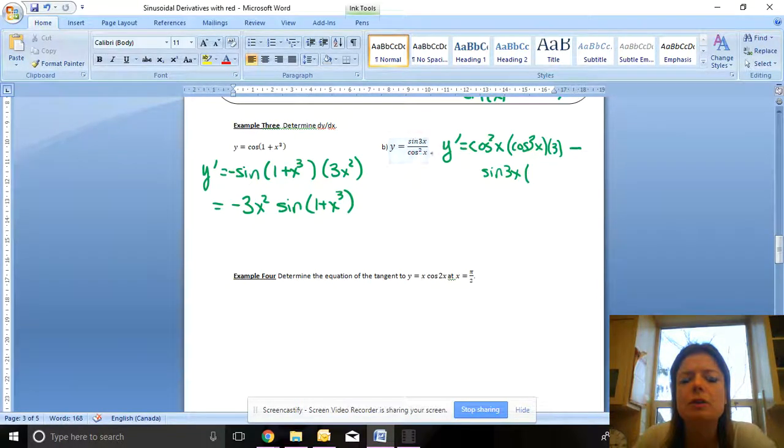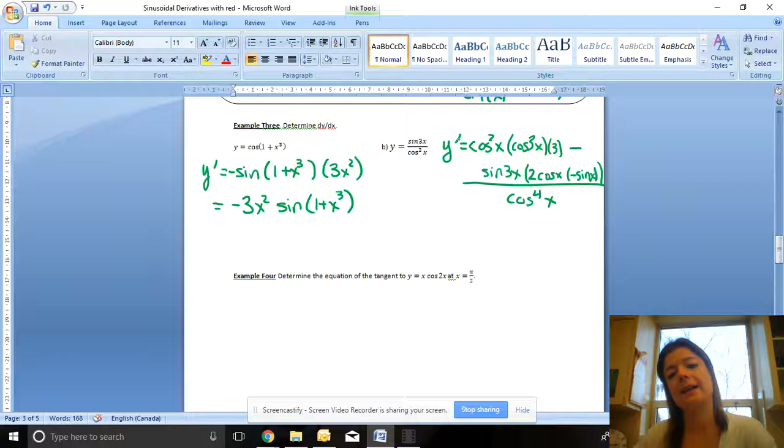So remember, that's cos x all squared. So we bring down the 2, then we leave cos x the same, and then multiply it by negative sine x, because that's the derivative of cos x. And then all over the bottom squared, which is cos to the power 4 x, because cos squared x squared, then you have an exponent of 4.